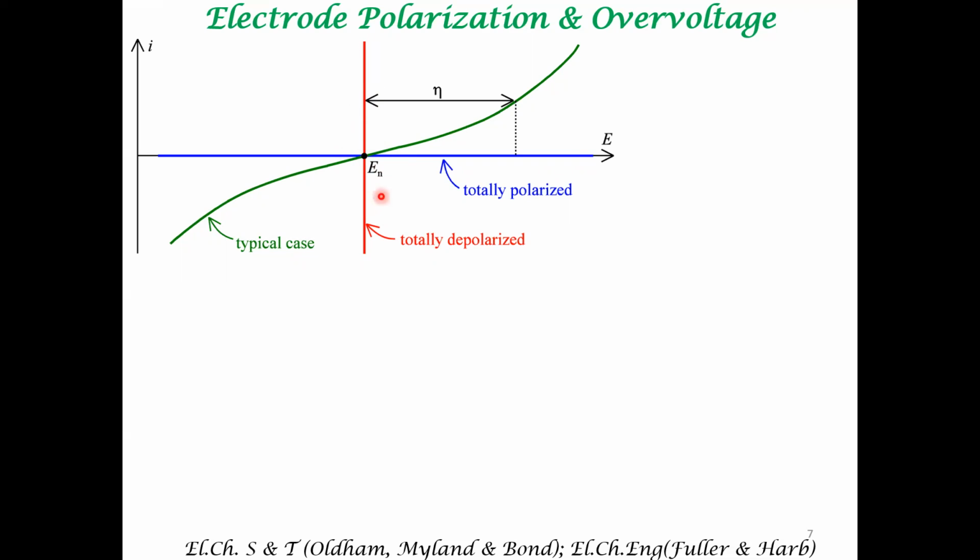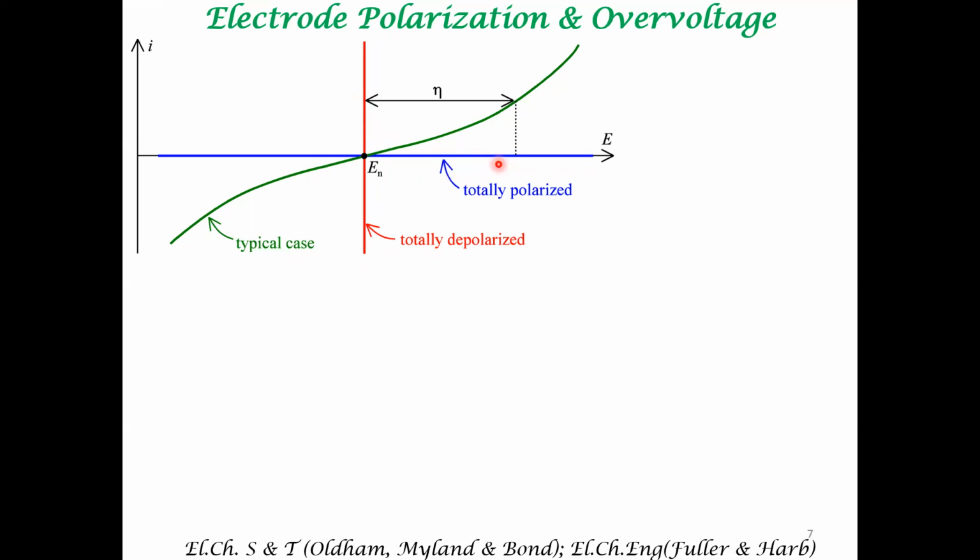Okay, it's impossible to change the potential. This is called an ideally depolarized system. The other limit is the totally polarized system. You can keep changing the potential of the electrode, but you do not see any current response. Okay, so here you do not see a change in potential, but you see very high current.